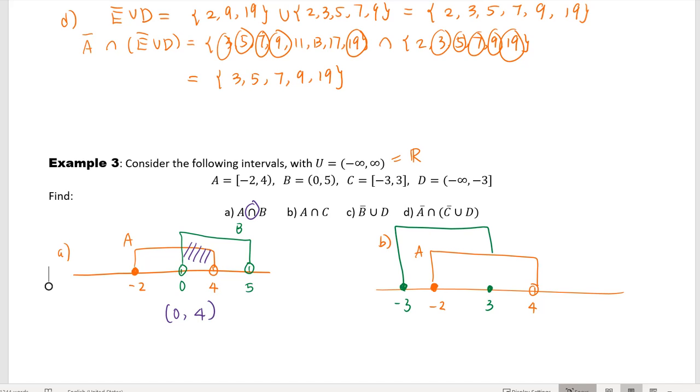And then this is C. Now we're talking about the intersection, so the common region. This is the common region, and you see we include -2 and we include the 3. So far, so good? Now please pause the video and work on part C and part D.